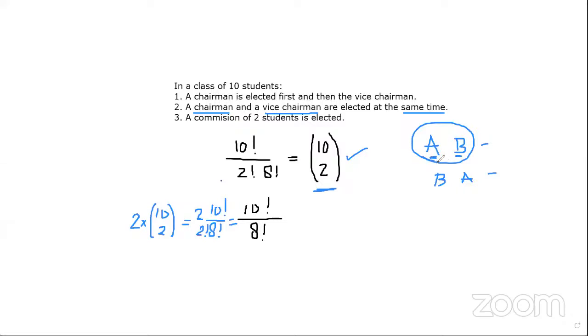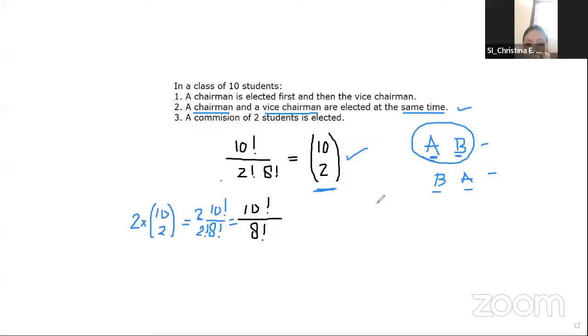So A and B is different than B and A. Basically this is a permutation problem.